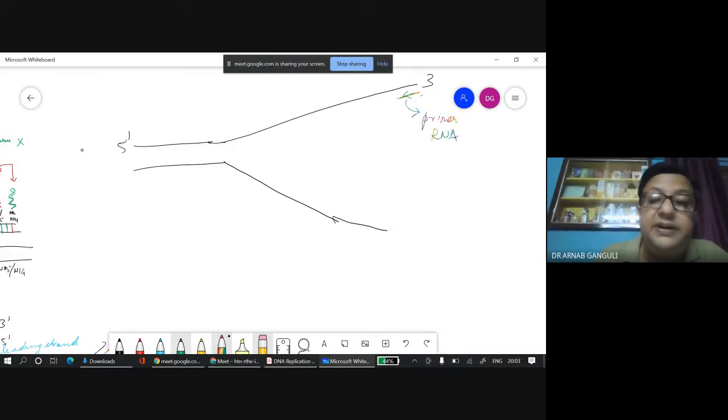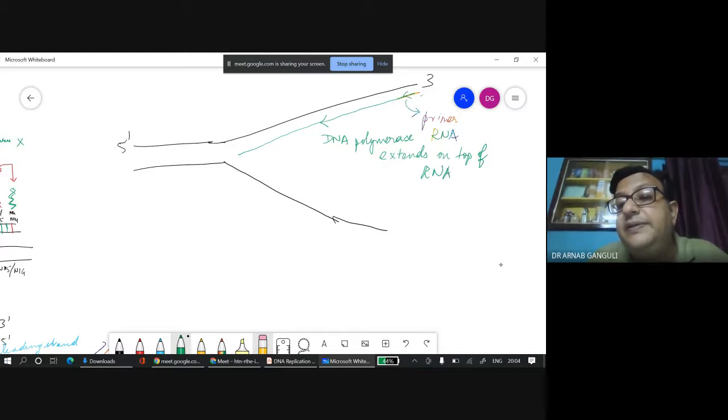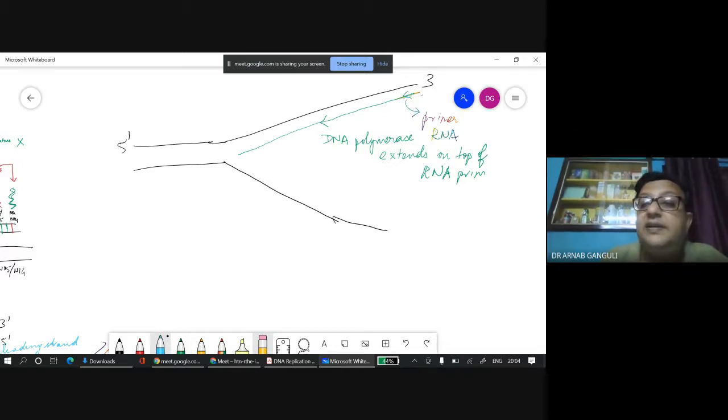To that RNA primer, on top of that, DNA polymerase extends on top of RNA primer. তার মানে this is the RNA primer. আর উল্টো দিকে on the other side you have several of these RNA primers attached.